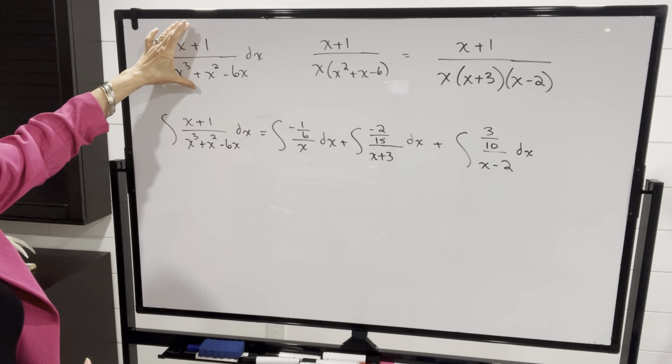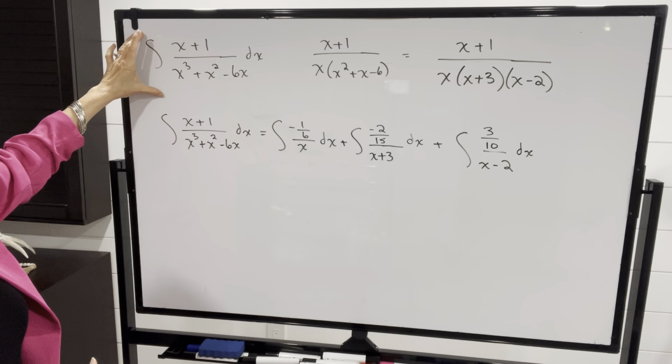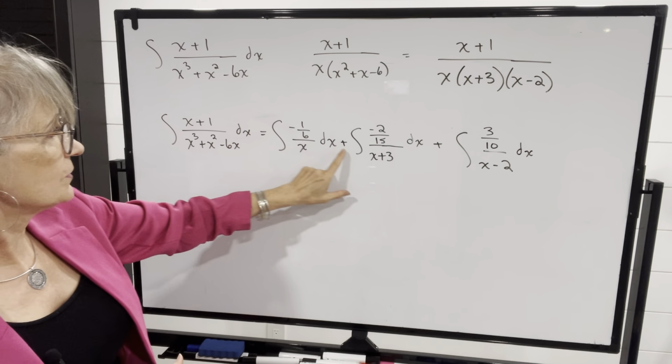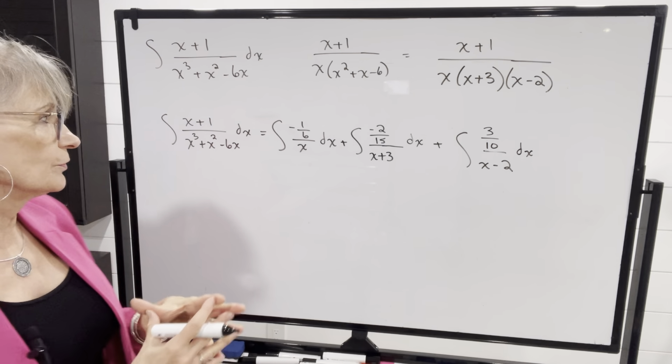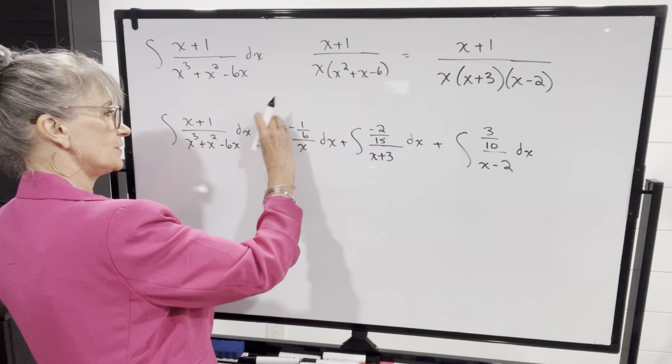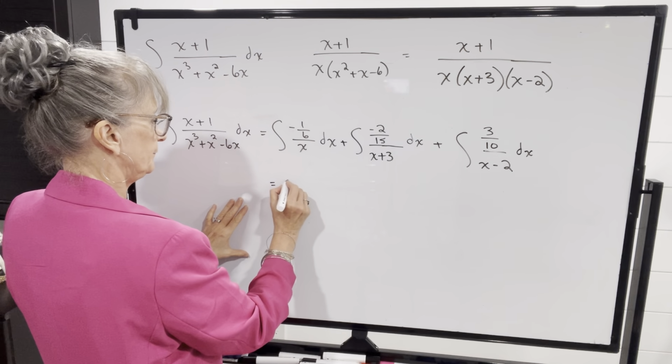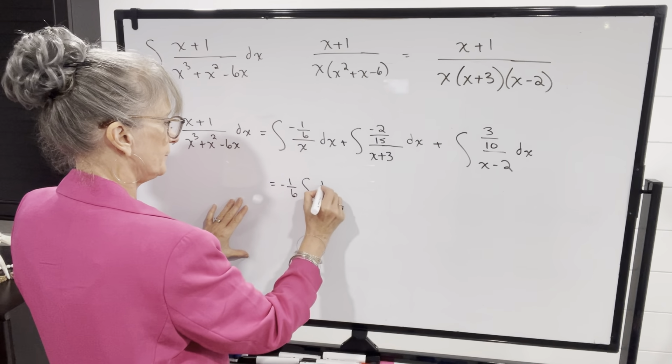So now I've expressed this integral as the sum of these 3 integrals. And before I integrate, I'm going to take each of these coefficients out in front of the integral sign, just to make it a little easier.